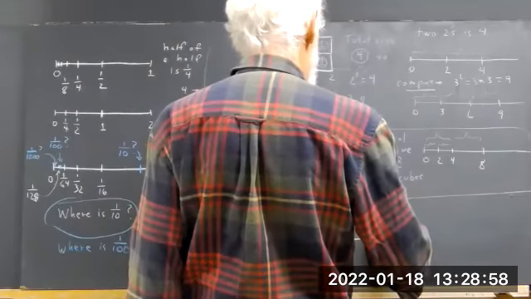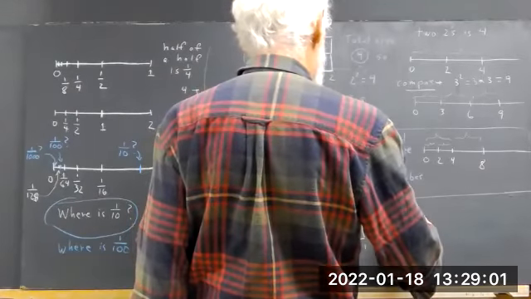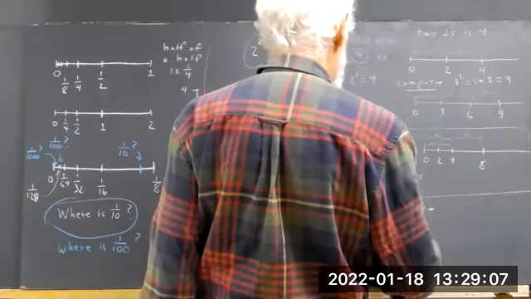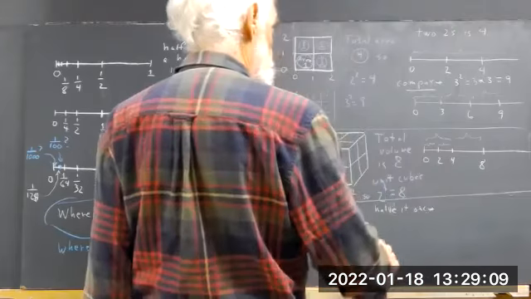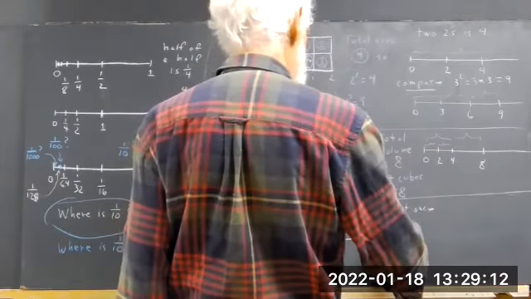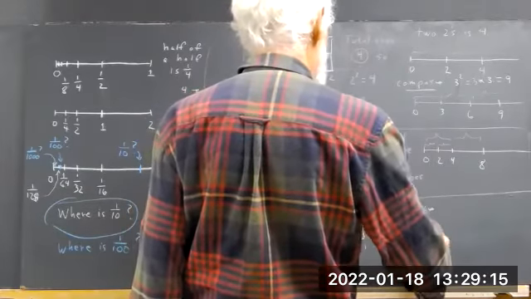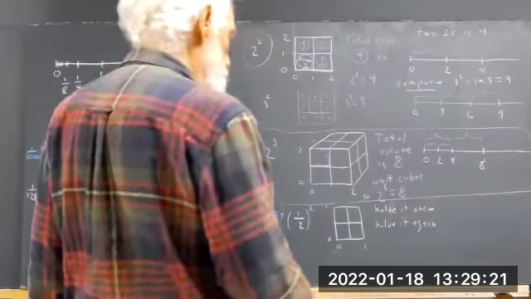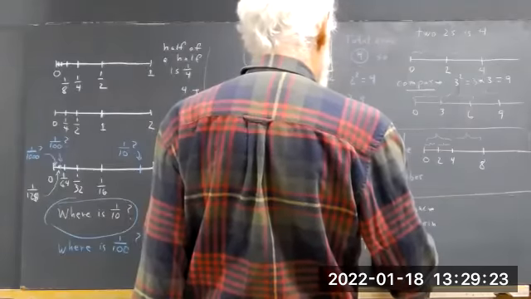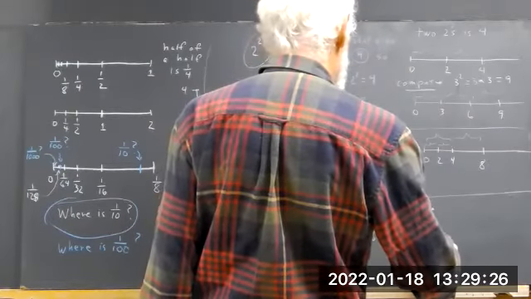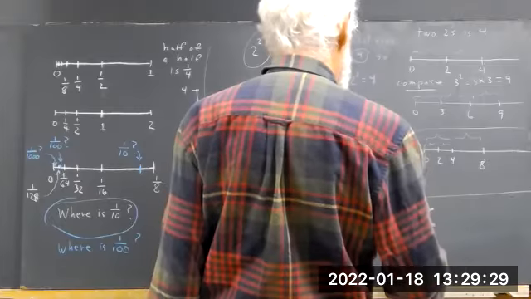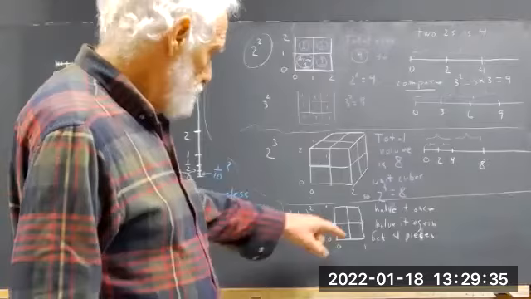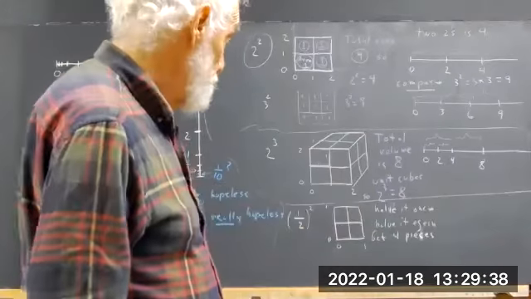So we have it once, and we have it again. So we have it this way, and then we have it this way, and we get 4 pieces. And each of the 4 pieces is 1/4 of the original square.